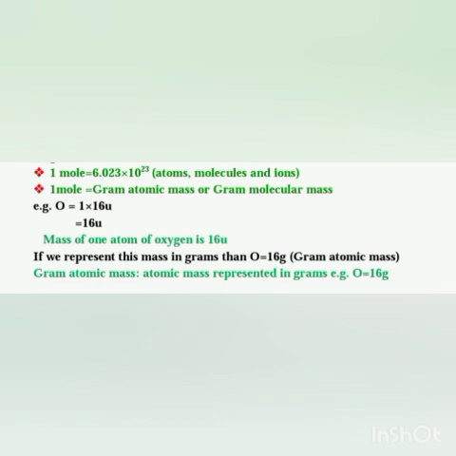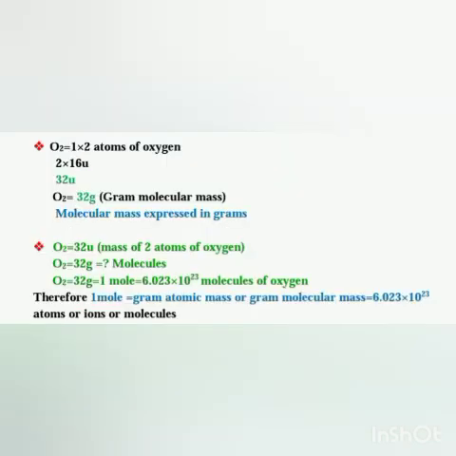Gram atomic mass is the atomic mass expressed in grams, and gram molecular mass is the molecular mass expressed in grams. As you can see in this example, I have shown an oxygen molecule, which is equal to 1 into 2 atoms of oxygen, 2 into 16U, because the atomic mass of one atom is 16U.